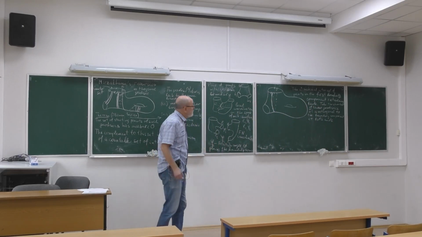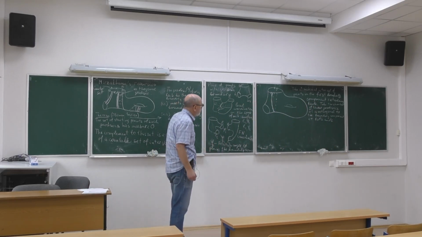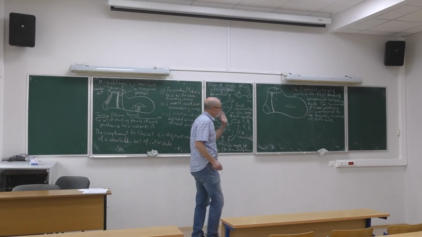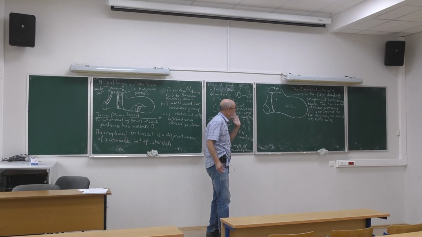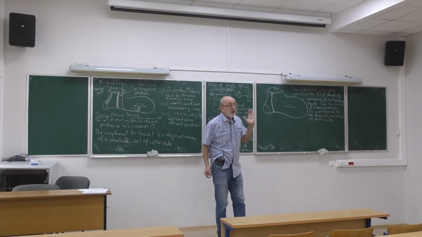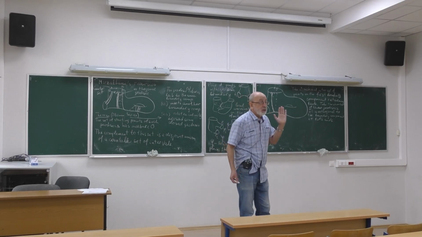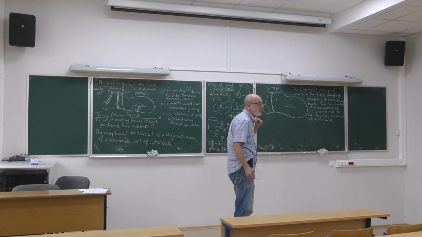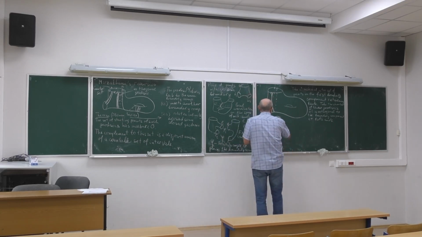And now let me do the following thing. Unfortunately, I did not manage to find colored chalks. Otherwise, I would draw a picture with the colored chalks, but I did not manage to do that.